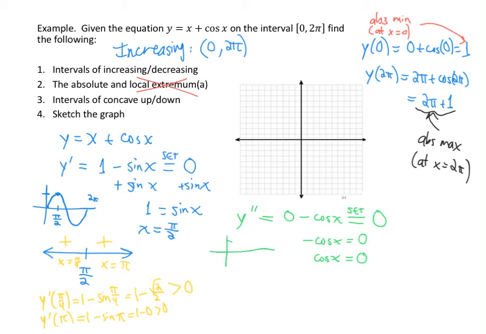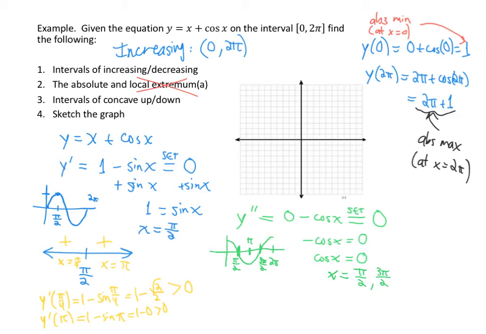So let's see, we have this. Okay, so 2 pi. Here's pi. These are the points I care about. This is pi over 2 and 3 pi over 2. So I have x equals pi over 2 and x equals 3 pi over 2.